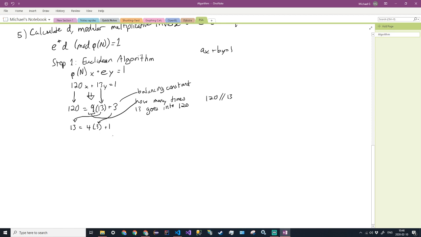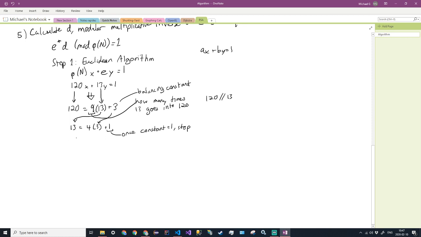And once you get to a 1 over here, you can just stop. So once the constant is equal to 1, stop. And what you will get is that 1 is the greatest common denominator of the, well, this isn't the greatest common denominator right now, but the entire Euclidean algorithm would stop when the constant is equal to 0.